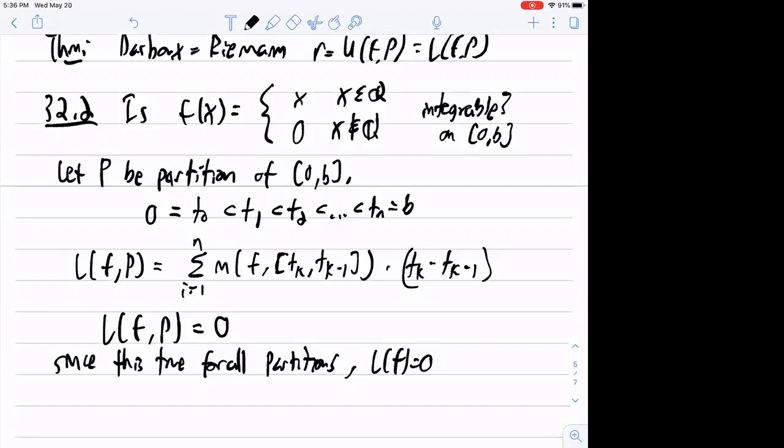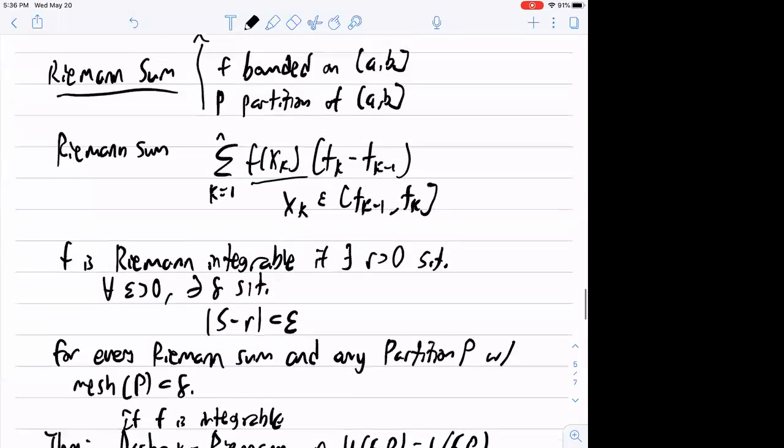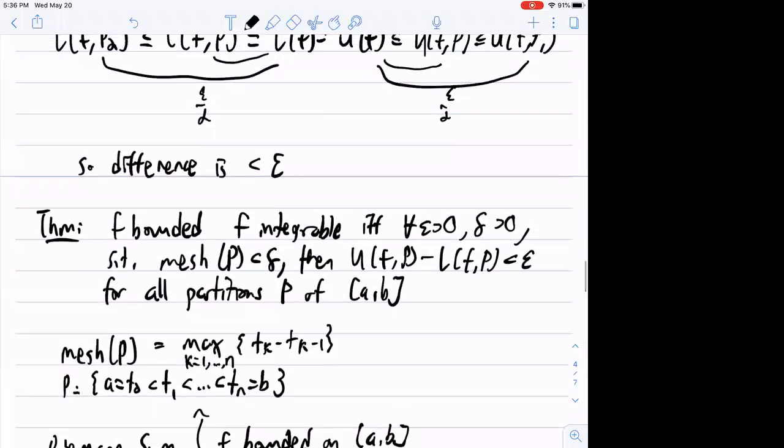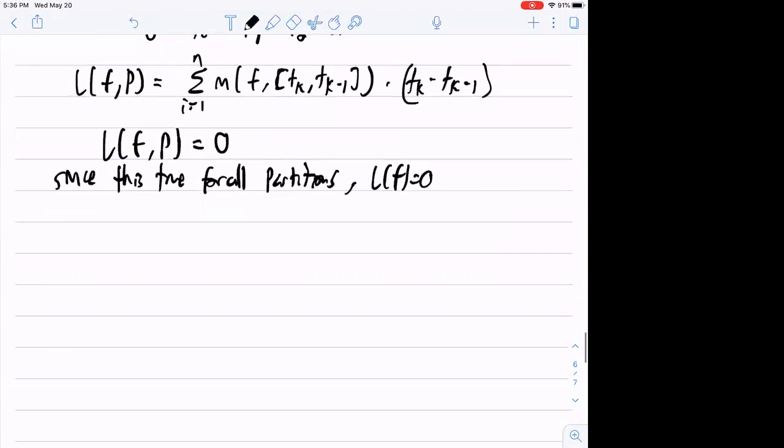So what we're going to do is use this one. If we expect it's not going to be integrable, let's assume it is integrable, choose an epsilon, then there's some delta, and then we derive a contradiction. So assume f is integrable. Then I'm just going to let epsilon be a fourth.